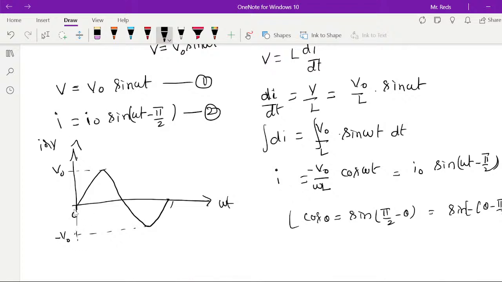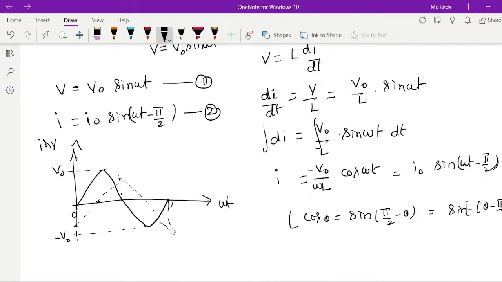But I naught will be less than V naught. If it is somewhere here, then it starts from here, and at pi by 2, potential becomes maximum but this becomes 0, and here potential becomes 0 but this becomes maximum somewhere here, and it varies accordingly.